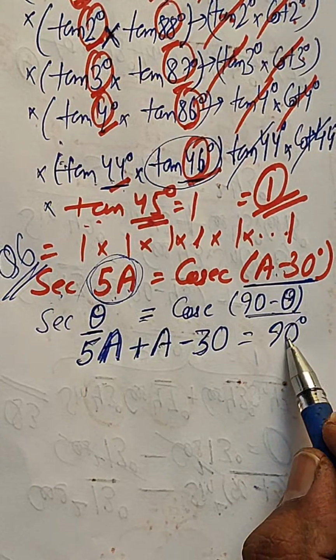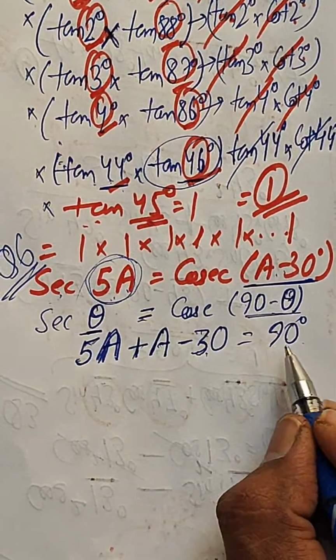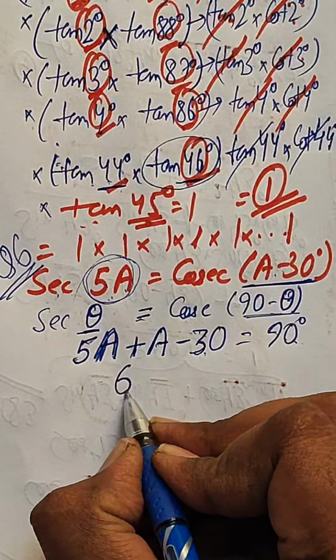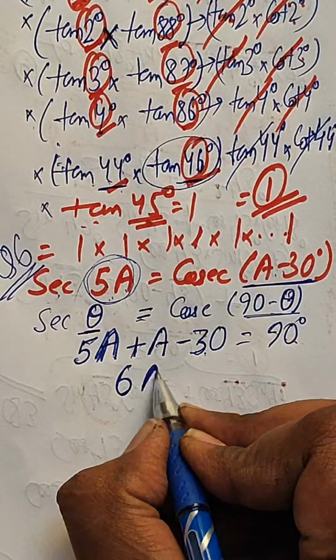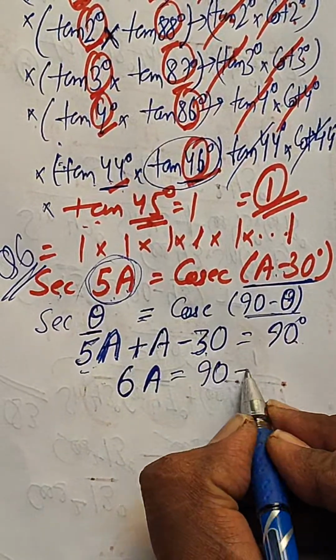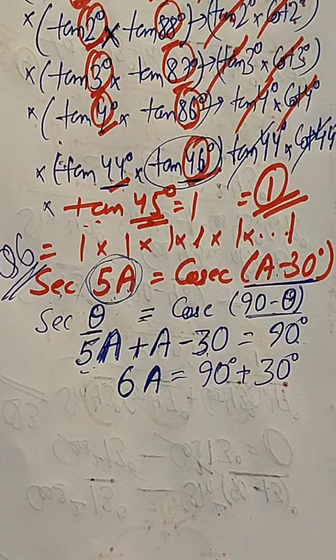So from here, 30 goes into the RHS, this will give you 6 times a on the LHS is equal to 90 plus 30, right?